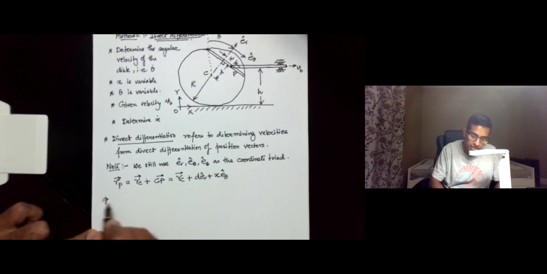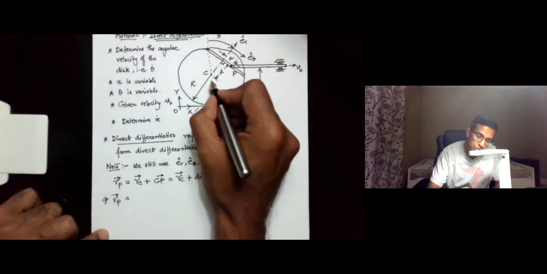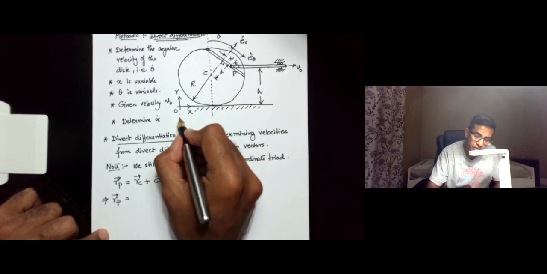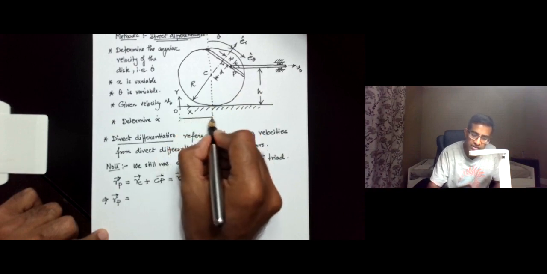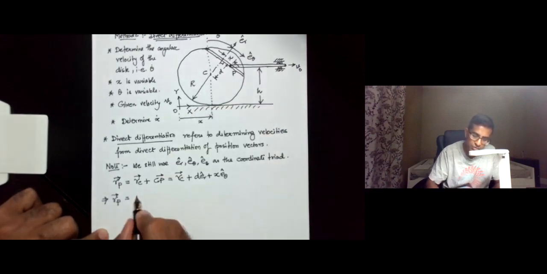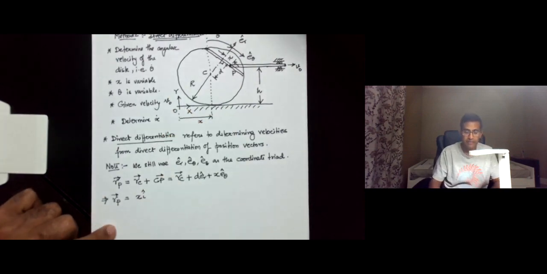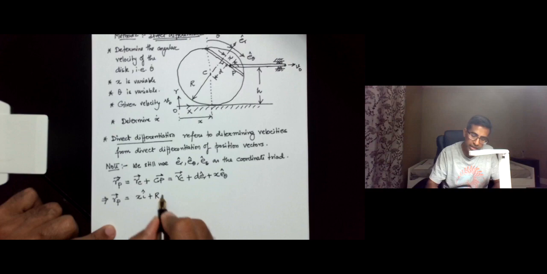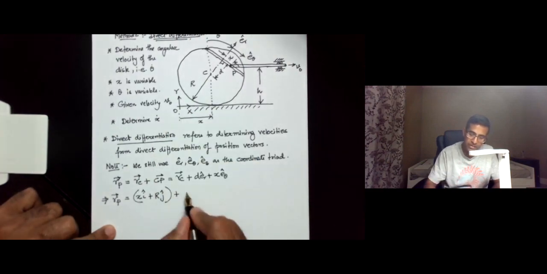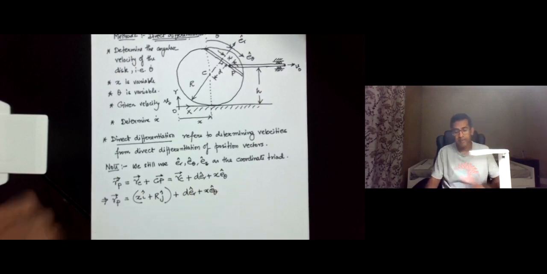In other words, we can then say that Rp is equal to, now what is Rc? Now if you assume that the point C at a particular arbitrary instant is at a distance x, then Rp is equal to Rc, which is going to be xi, if I is the unit vector along this capital X, plus capital Rj, where j is the unit vector along this capital Y, plus d ER plus x E theta, right?